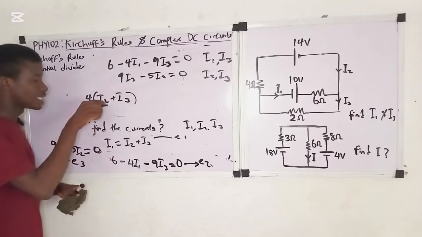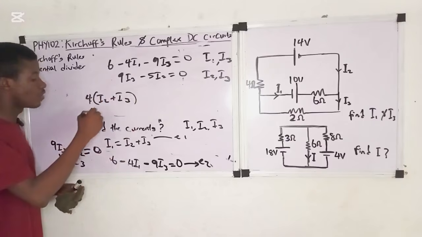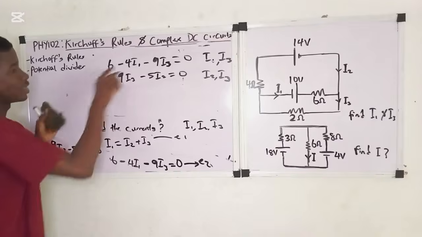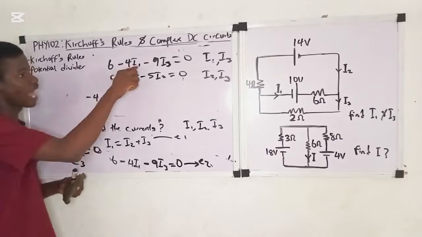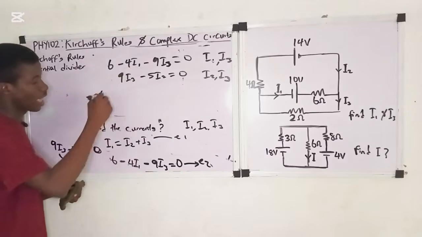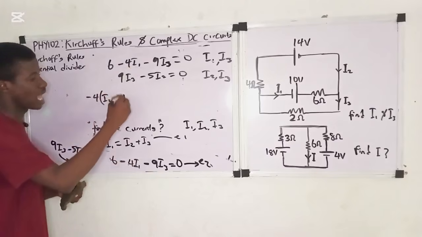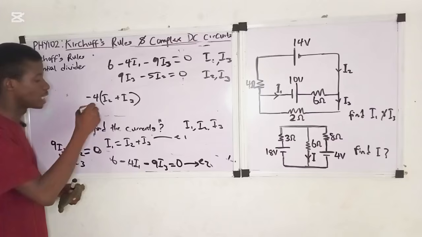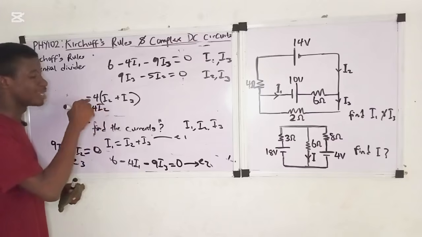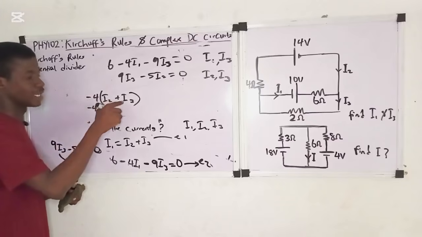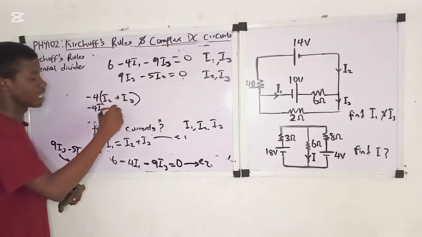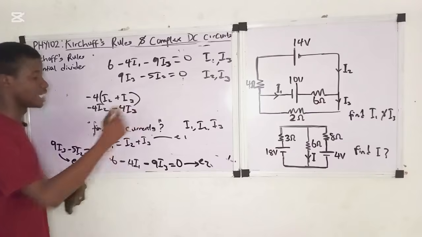Yes. So 4 times I2, we get 4I2, right? Remember, this is minus, so minus 4I1, where I1 is I2 plus I3. So minus 4 times I2 gives minus 4I2, then minus 4 times I3 gives minus 4I3, right?